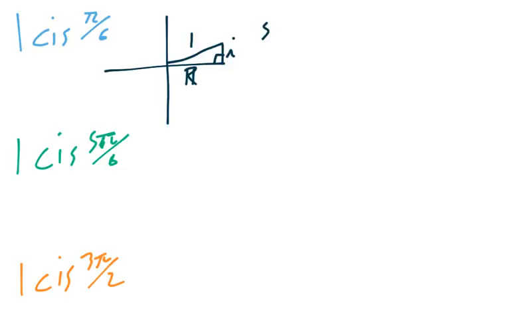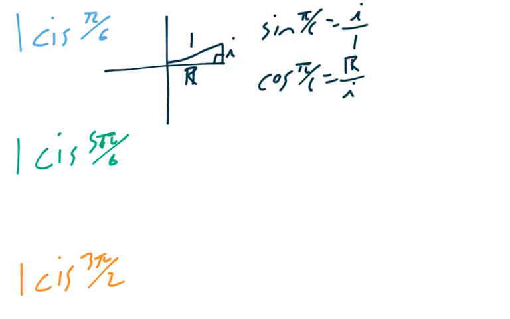The sine of pi over 6 is equal to the opposite, which is imaginary, over 1. With it being 1, this is going to be easy because the imaginary portion is simply the sine of that 30-degree angle, and of course, the real portion will be the cosine of that 30-degree angle.